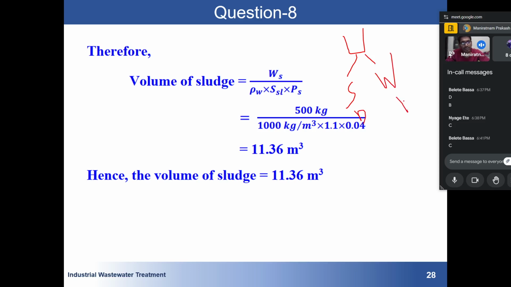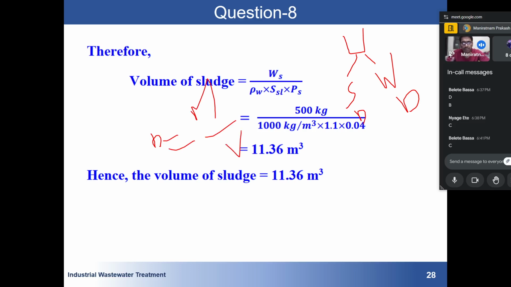Water has its own density, that is 1000 kg per meter cube or 1 gram per liter. And the sludge will have another density, and all these densities are linked. This has been discussed in a very detailed manner in your lecture notes. So don't confuse yourself, there is a simple relationship: density is equal to mass by volume.